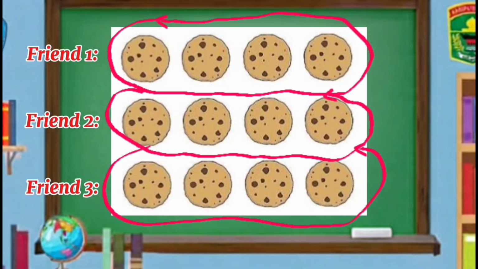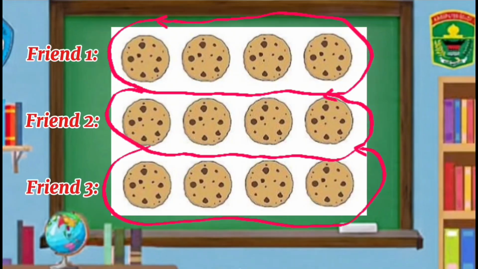Alright, each friend gets 4 cookies. Is 12 an odd or even number? Very good. 12 is an even number because we can divide it by 2. If we are going to pair 12, we have 6 pairs and there is no one left, or remainder.